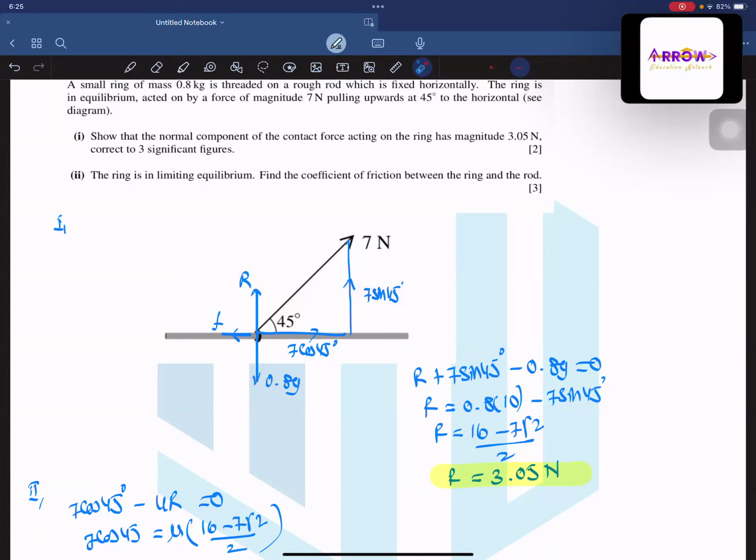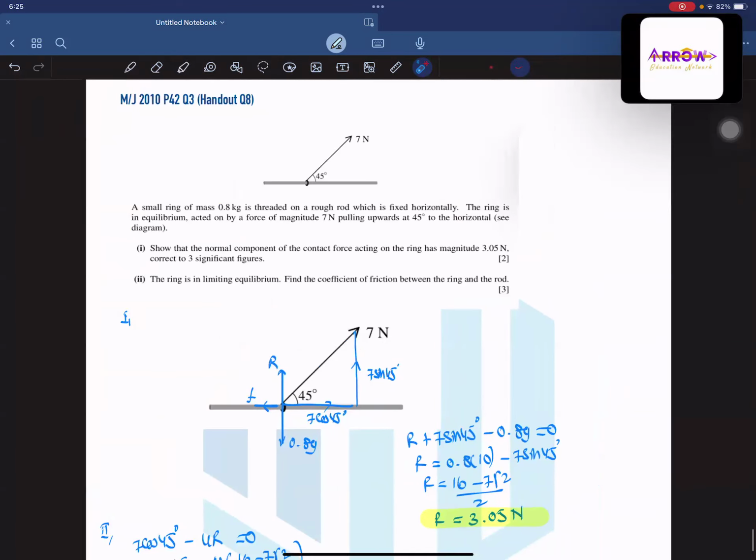So R is equal to 0.8 into 10 minus 7 sine 45. So R is equal to 16 minus 7 root 2 divided by 2. Therefore, correct to three significant figures, we have shown the value of R as per the requirement of the question. This was worth 2 marks.